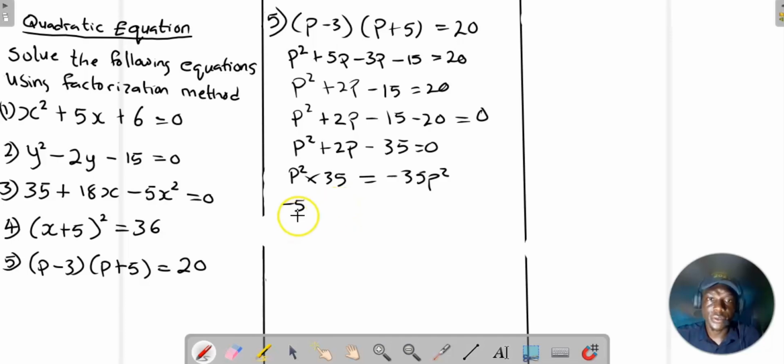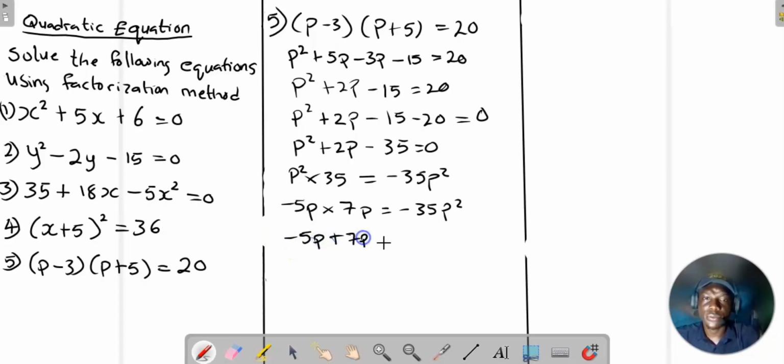Minus 5p times 7p will give us minus 35p squared. Then minus 5p plus 7p will give us plus 2p. So the two numbers are minus 5p and 7p.